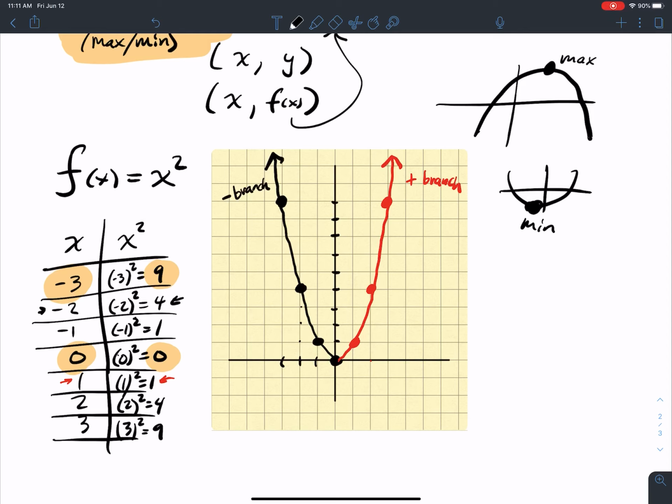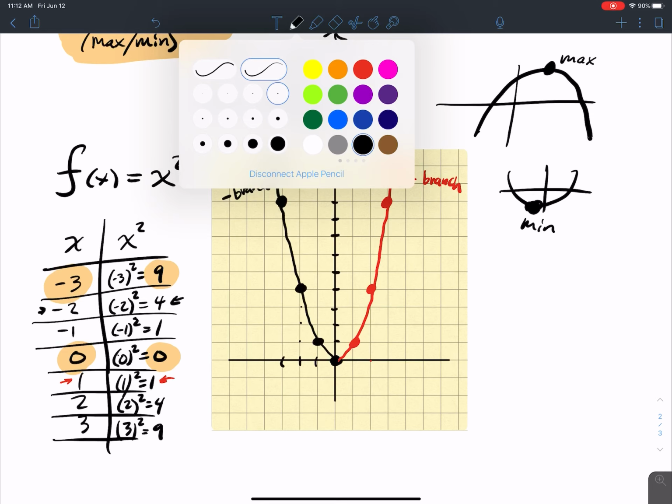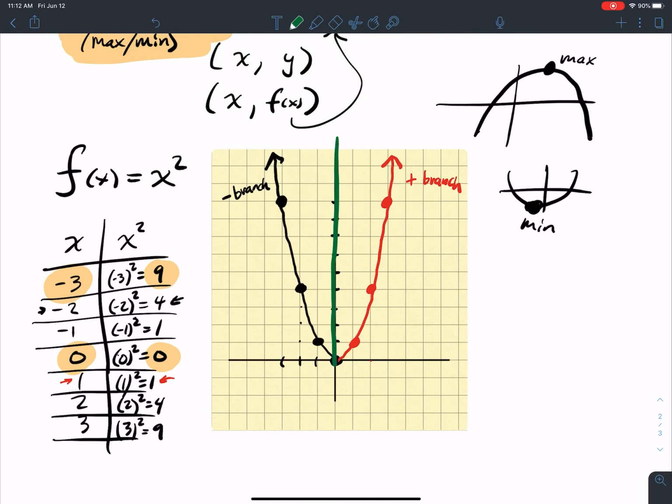Okay? Now, we have an axis of symmetry. If I split this up right down the middle, we see that it's symmetric. It's the axis of symmetry here. This is the equation x equal to 0. The axis of symmetry runs straight through the vertex. The vertex for this one is 0, comma 0.